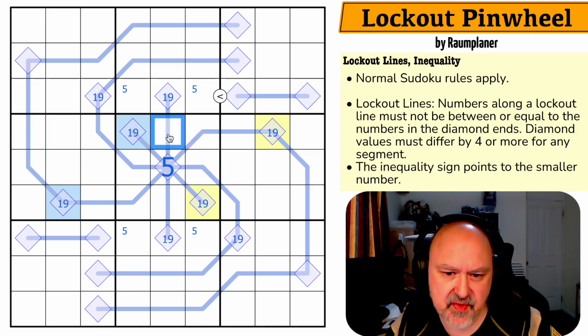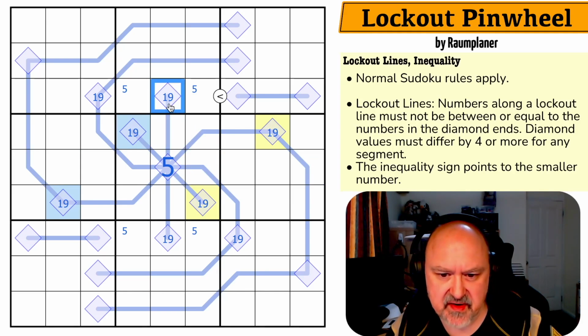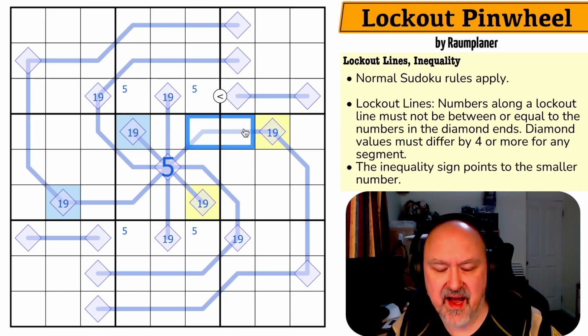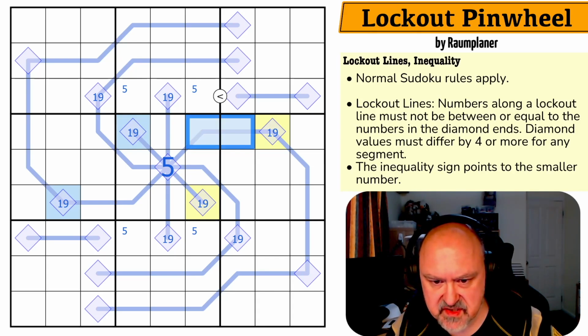But wherever I put the 8 in here is going to have a 1, the same with 7 and the same with 6 because... So what I can say is this, if this is low, the digits on the line have to be high. And this will be the high digit. So these are blue digits.